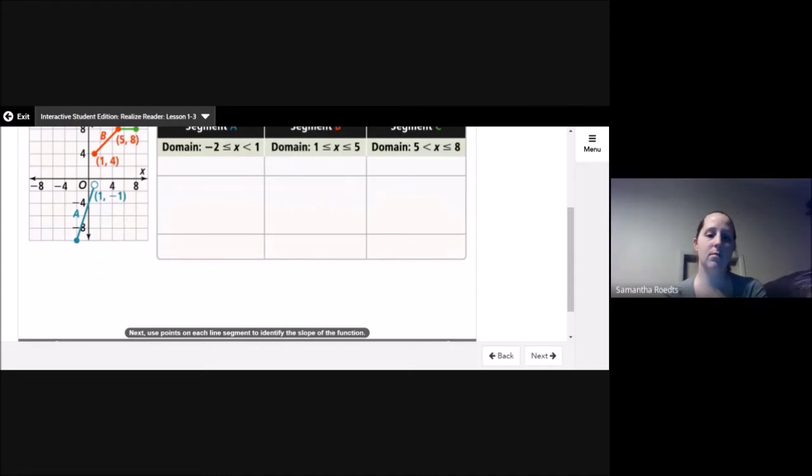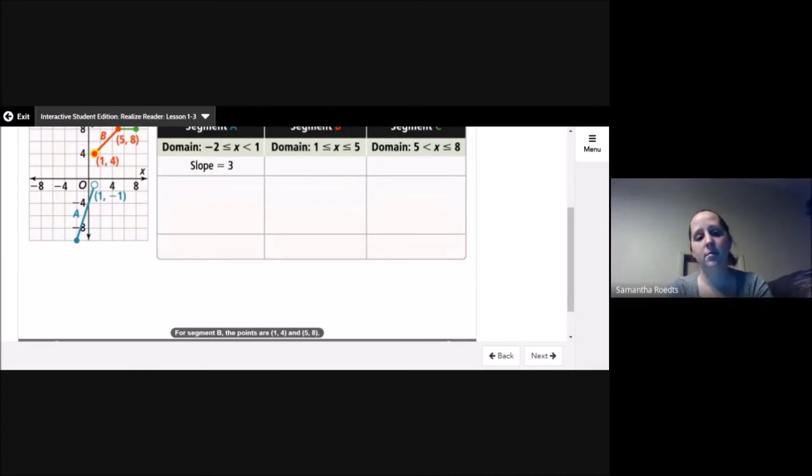Next, use points on each line segment to identify the slope of the function. For segment A, the points are -2, -10, and 1, -1. That's a change of 9 in y and a change of 3 in x. The slope is 3.